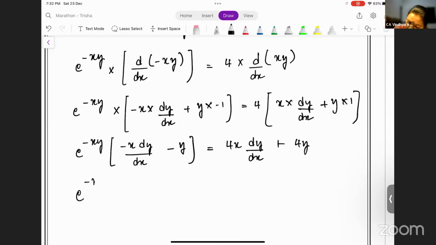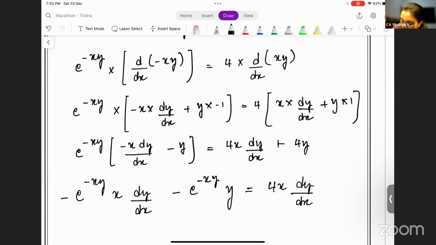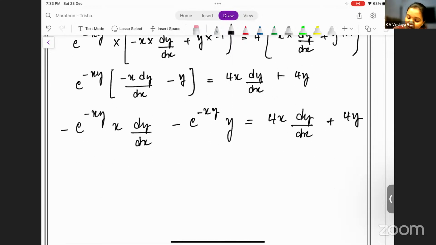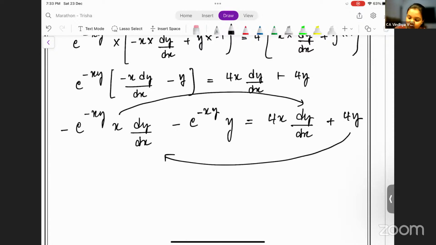You'll get minus e to the power minus xy into x into dy by dx and minus e to the power minus xy into y is equal to 4x dy by dx plus 4y. Now your step is to get the terms with dy by dx on one side. Shift this here and 4y here. You'll get 4y minus e to the power minus xy into y.